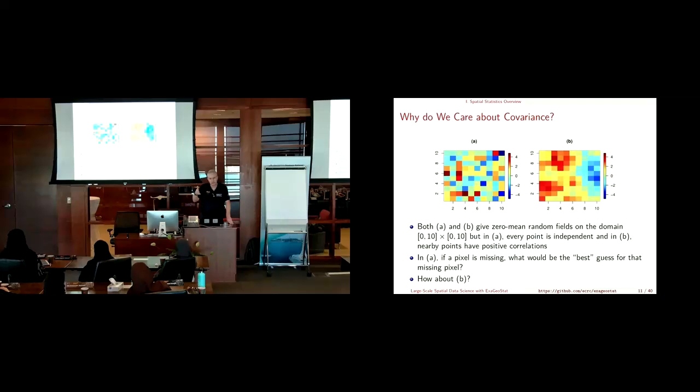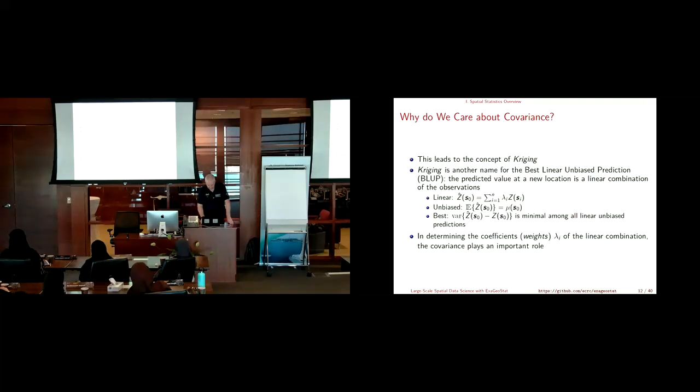And the stronger the correlation, the stronger the weight we should give. That's the intuition. This leads to this notion of kriging. So kriging is the idea of spatial interpolation, so predicting at a new location what the variable of interest would be. This is named after Daniel Krige, who was a gold miner in South Africa, and he kind of invented these ideas and these techniques to do the prediction.